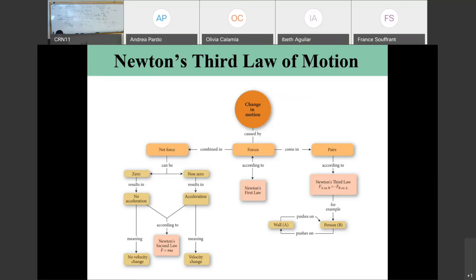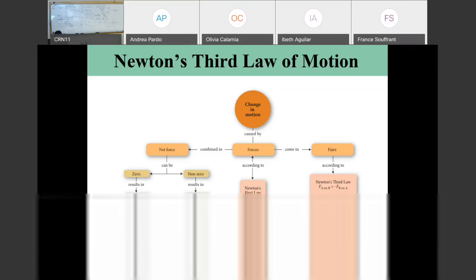So there can be either no change in velocity or the body is just standing still, not moving. Okay? Acceleration implies a change in velocity. And Newton's second law, as you have it there, force equals ma. All right? So this is a nice diagram there, to summarize what we've been doing.